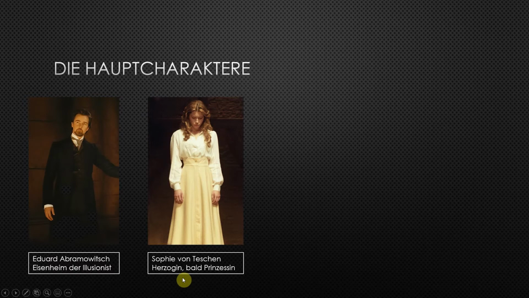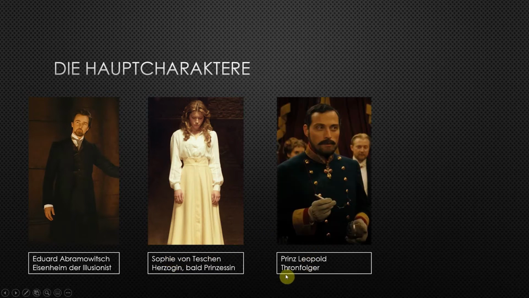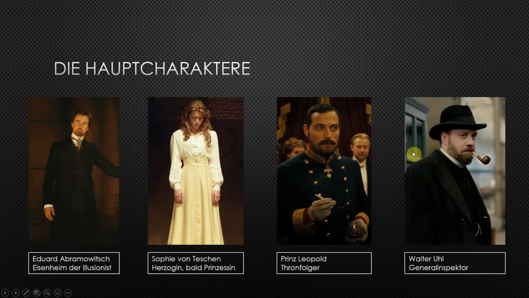She is a duchess and is going to be princess, because she is going to marry Prince Leopold, the heir to the throne of Austria-Hungary. And we have Walter Uhl, a police officer who's investigating on the command of the prince. And this whole story takes place in Vienna at the beginning of the 20th century.